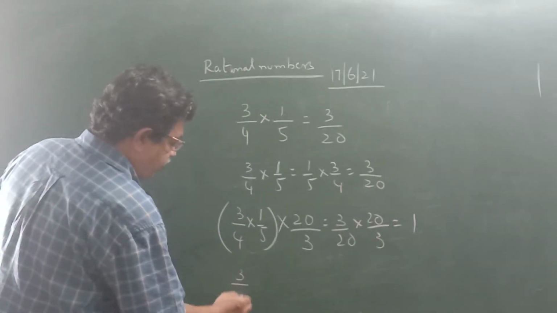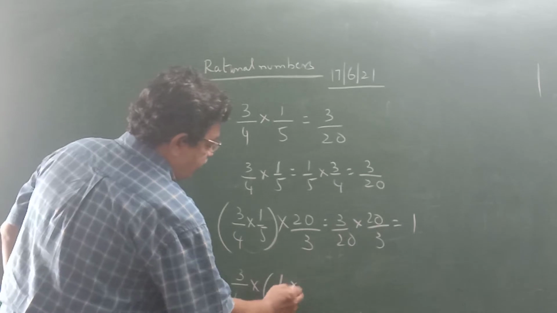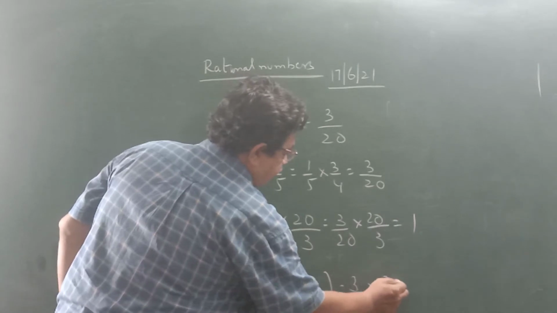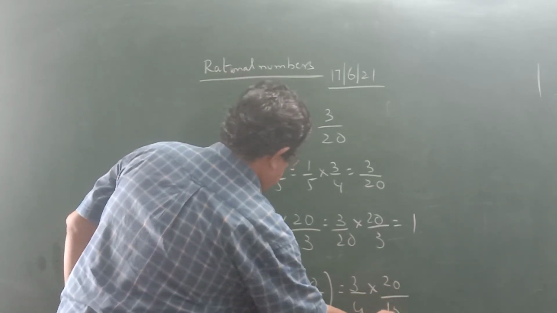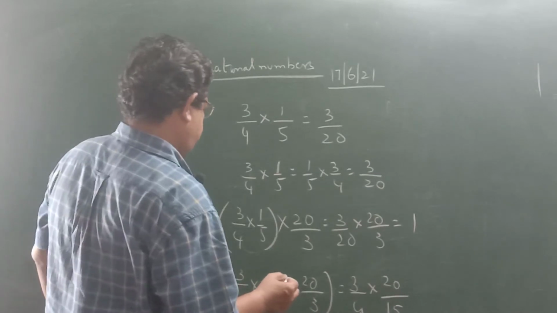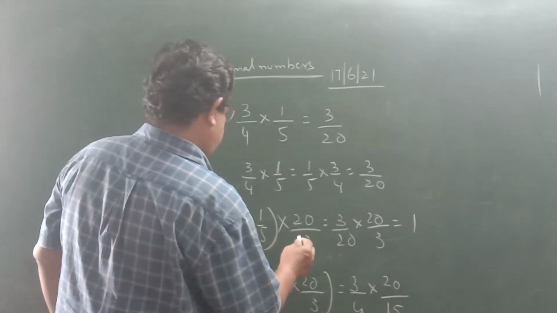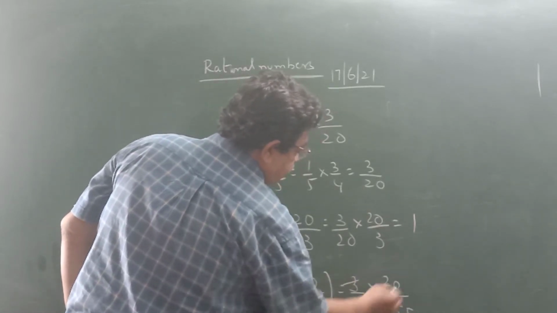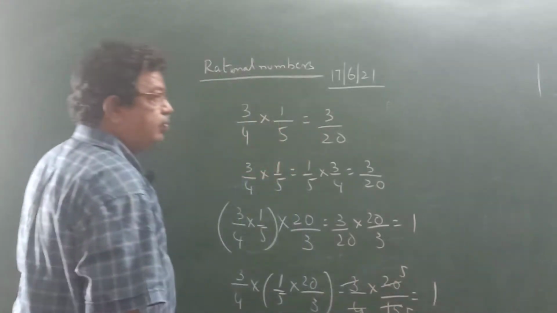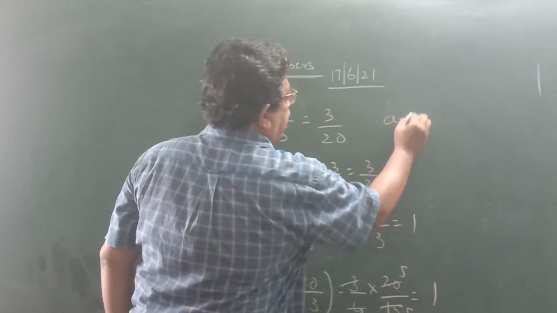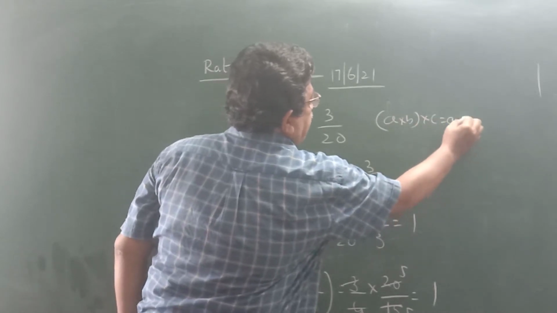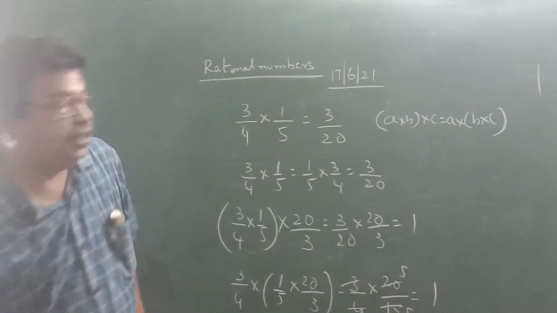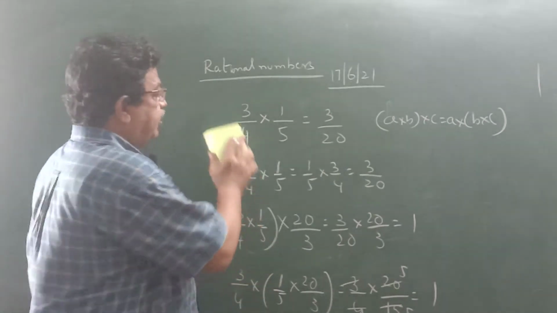Or 3 by 4 into 1 by 5 into 20 by 3 is equal to 3 by 4 into 20 by 15. 3 ones, 3 fives, 4 ones, 4 fives, the 5s get cancelled, and the product is equal to 1. So in general, (a into b) into c is equal to a into (b into c). This is what is called the associative property of rational numbers under multiplication.